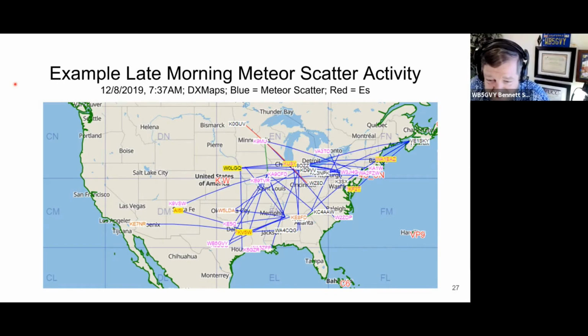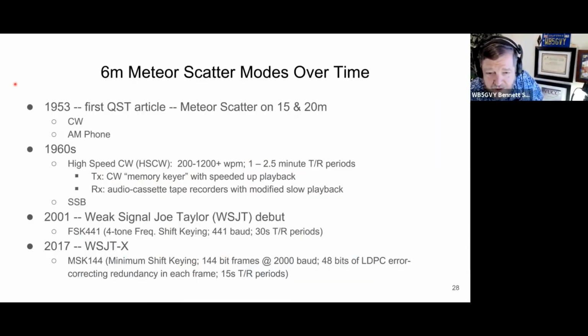WB5GVY there in Texas left his radio running and happened to decode a signal from KE8FD. But it's an indication of what's going on that day and how good the particular activity, or meteor shower, is for that day. This was at rather late morning. It was 7:37 a.m. in December.